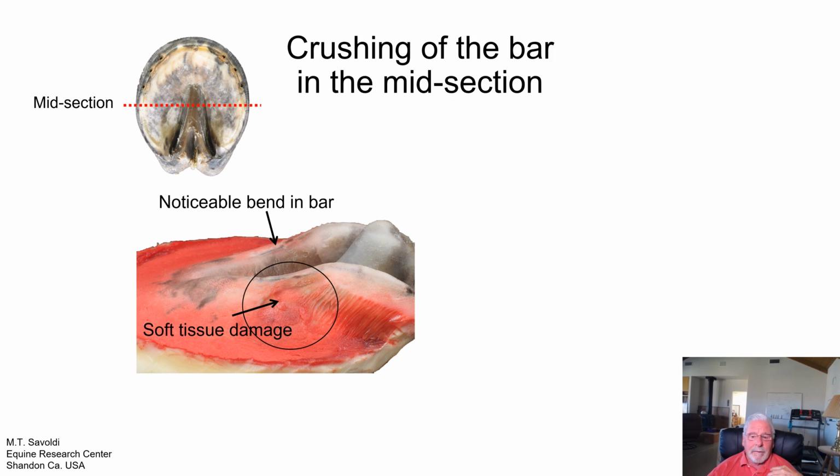And then another thing to consider is soft tissue damage here. I like to use certain analogies because they seem to make sense to me, which is a little funny. A lot of things don't make sense to me until I study the hell out of them, and that's my research.